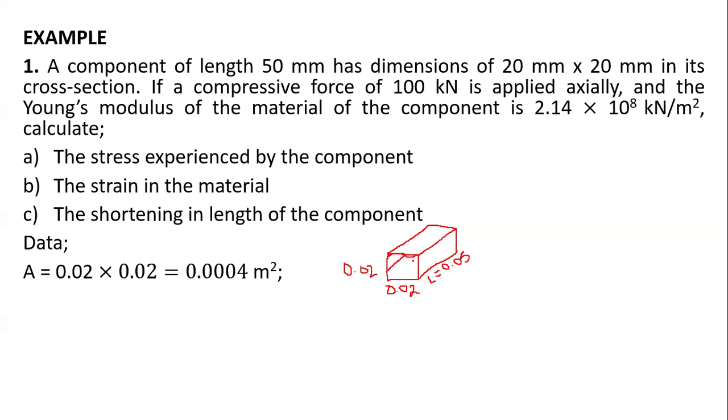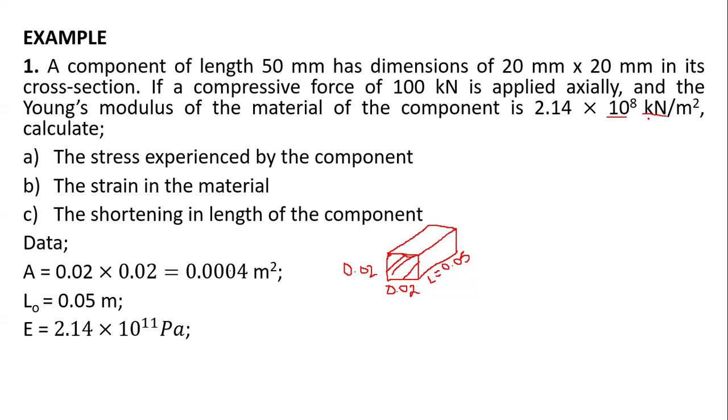But then this is my cross section. This is the cross section of this material. To get the area, because this is rectangular, I just multiply this by that. It gives me the cross section, and that's what I have there. Then the length, there we have 0.05. Young's modulus, you can see this is 10 power 8. A kilo is 10 power 3.